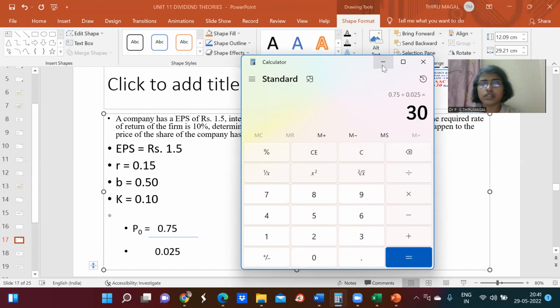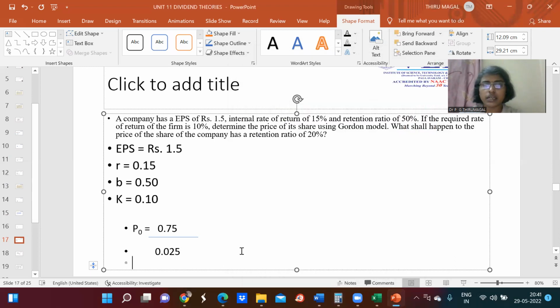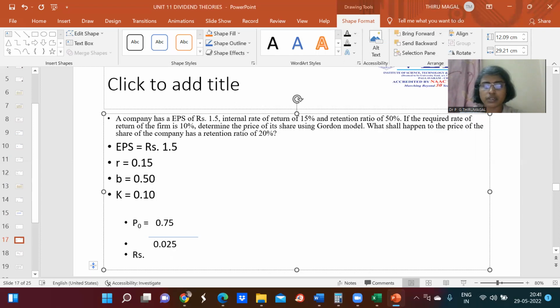The value comes to around 30 rupees. The share price as per this problem is rupees 30. So when the retention ratio is 50%, the share price of the company is rupees 30. Now they have asked one more question in this problem: if the retention ratio is 20%, what will happen to the share price? So now we'll change the retention ratio to 20%, that is 0.20. Then we'll check what happens to the share price of this company.